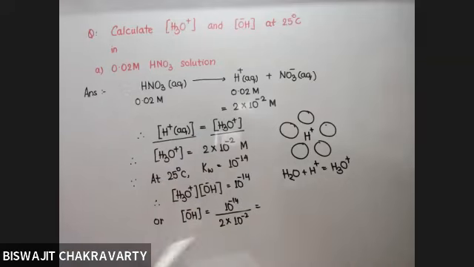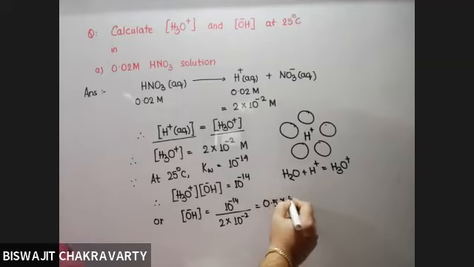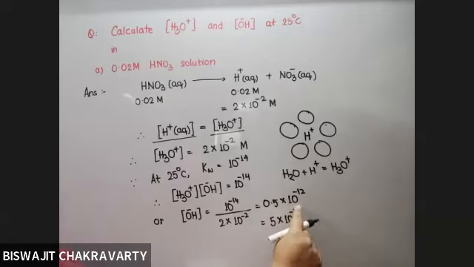So how much is it ultimately? Sir, 0.5 into 10 to the power minus 12. Or we can write 5 into 10 to the power minus 13, right? Yes, sir. So 5 into 10 to the power minus 13 molar. Clear?